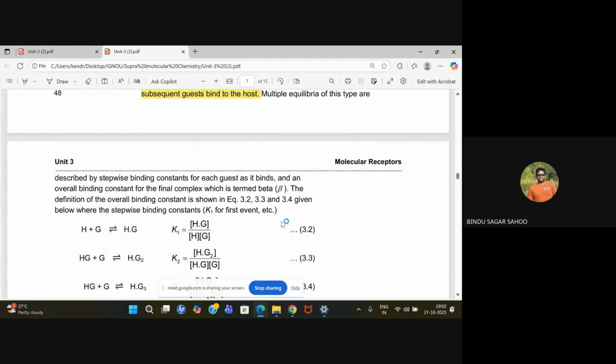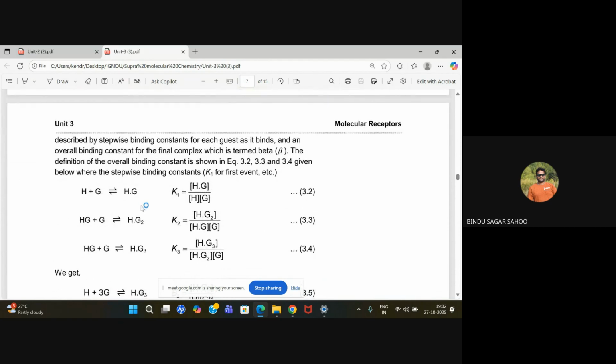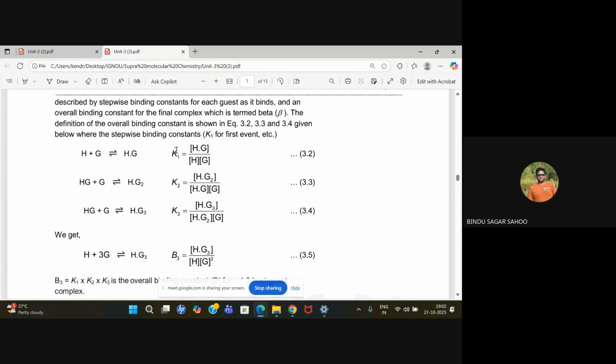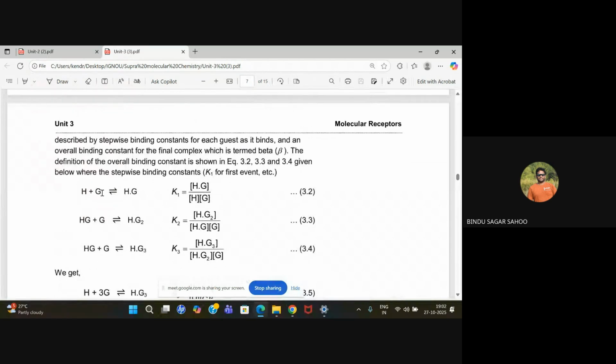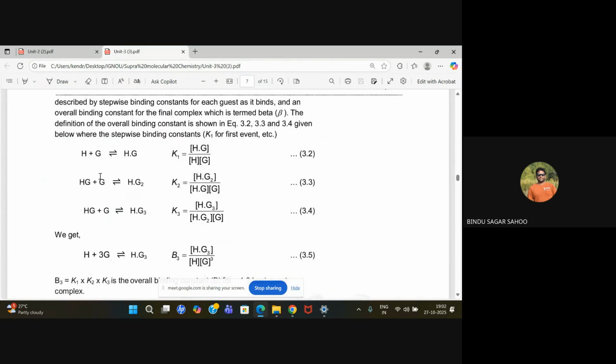So I will show you what the stepwise formation constants are. K1, K2, K3 are the stepwise formation constants. You can see here, initially we are taking one mole of host and one mole of guest, and they form HG like that. Further, this HG molecule is joined by another guest molecule, forming the next complex like that.